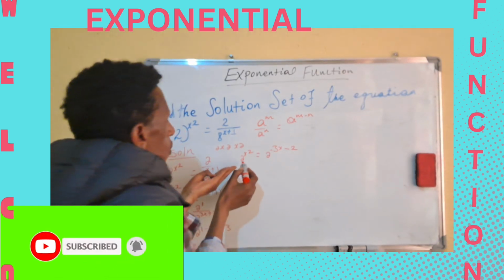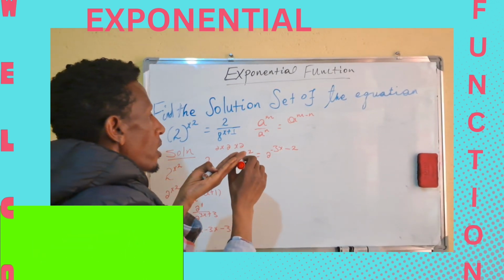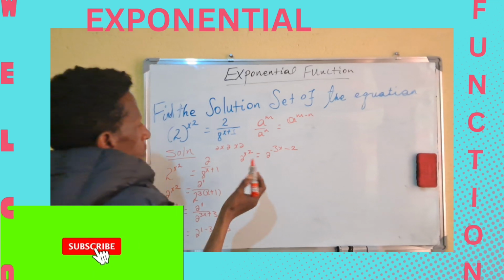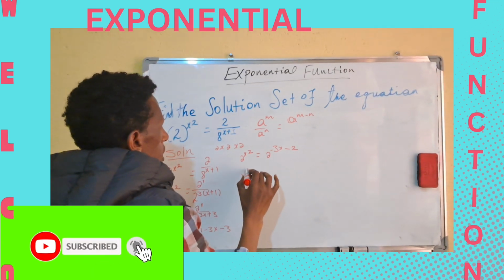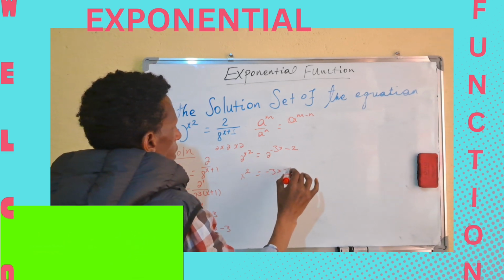As I told you before, since we have the same base, we don't need them, we can leave them. So x squared equals minus 3x minus 2.